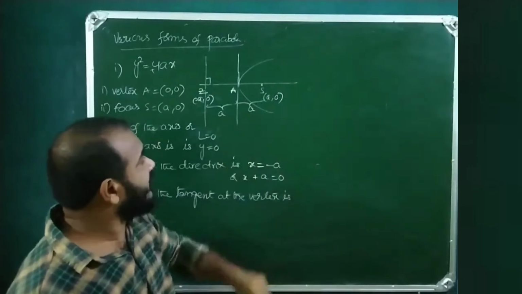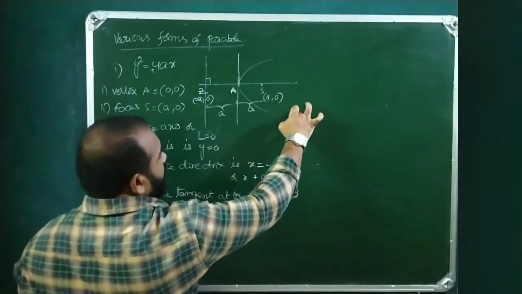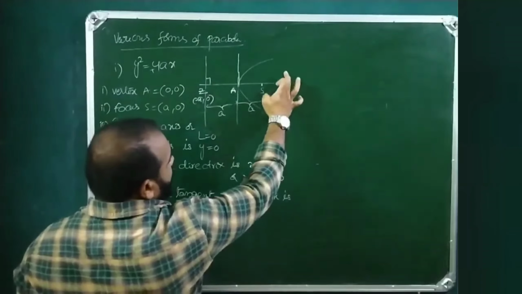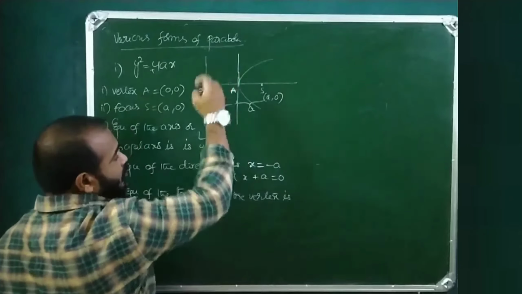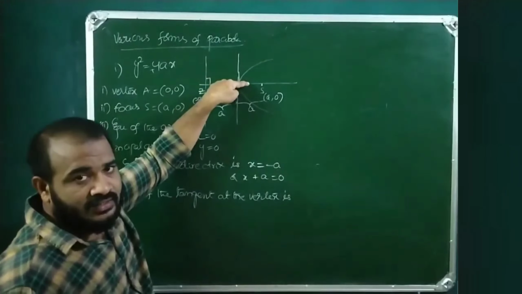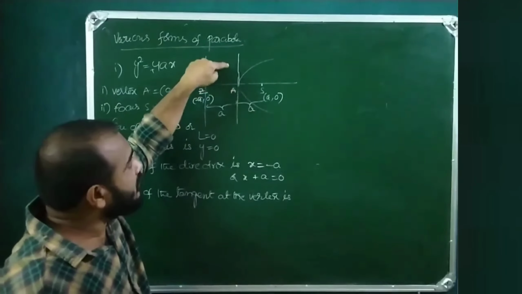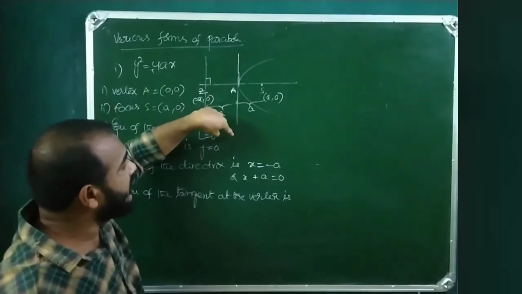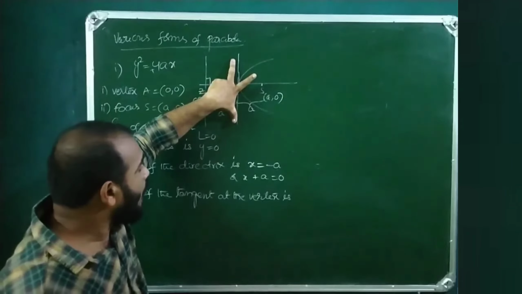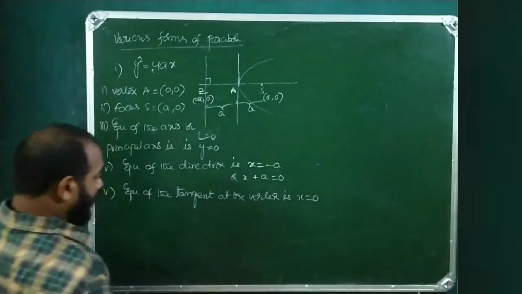What is a tangent? The line which touches the curve at one point, and that point is the vertex. So the equation of the tangent at this vertex is what? This is the y-axis. The y-axis equation is x equals to 0. Next step.